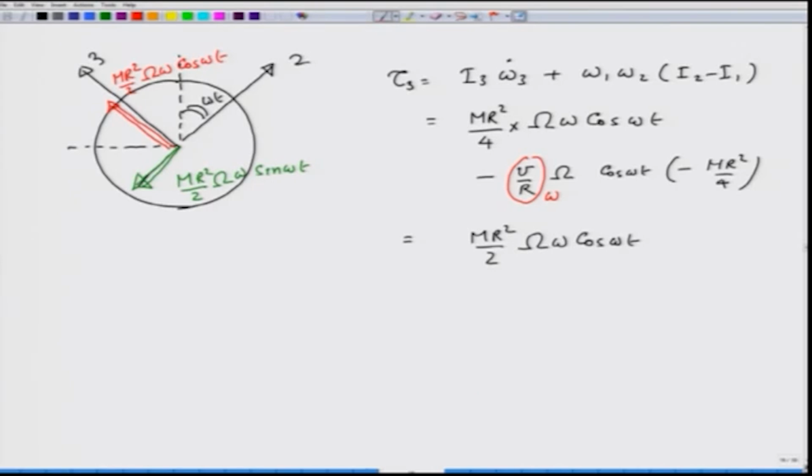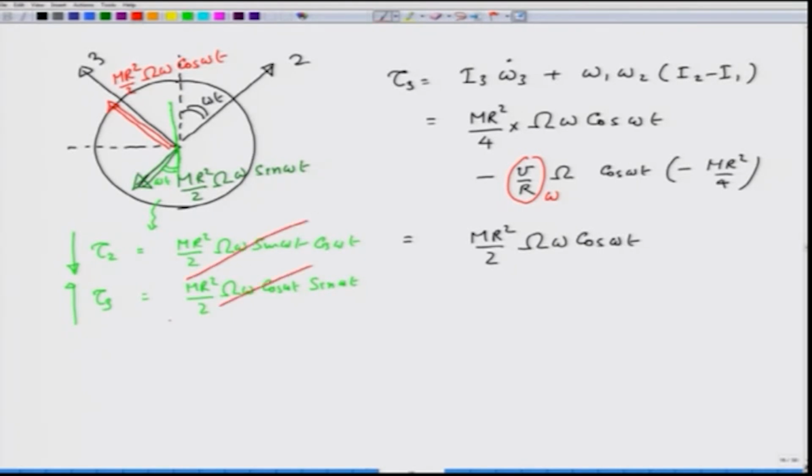If you take the components in the vertical direction, they are going to cancel, because tau 2's vertical component is m r square over 2 capital omega omega sine of omega t times cosine of omega t, and tau 3, which is in the up direction, is m r square over 2 capital omega omega cosine of omega t times sine of omega t, and therefore these two terms cancel.